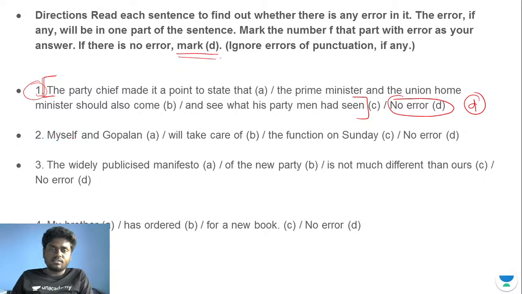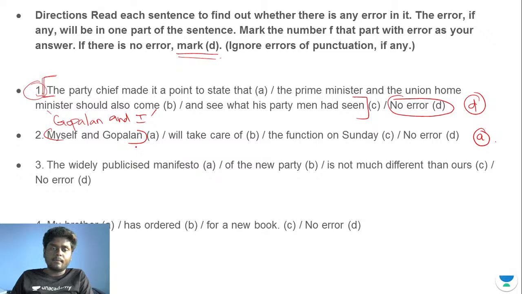Let me put the point, that is, the real error is with part A. It should be Gopalan and I. Gopalan and I will take care of the function on Sunday, which means myself and Gopalan should be replaced with Gopalan and I. If you replace it, then this sentence is appropriate.